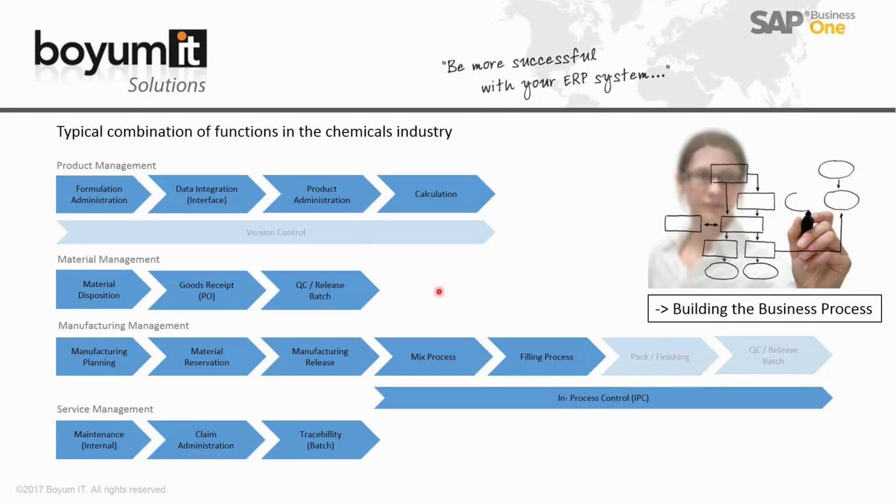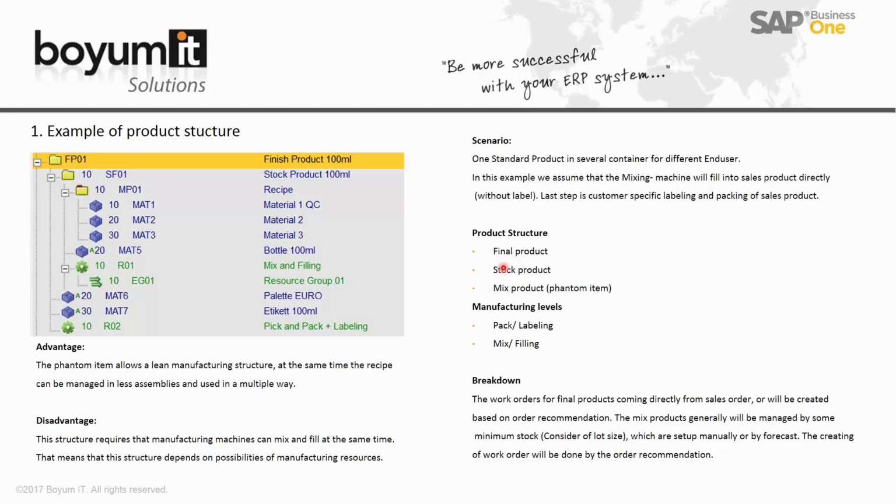So this then goes more to the business process itself, and then in the next step, this slide should support you or give you an idea of the item or the product structure. So now we have a scenario.